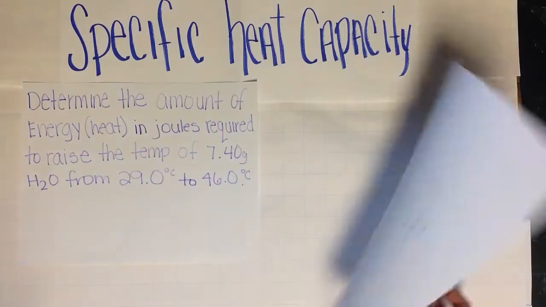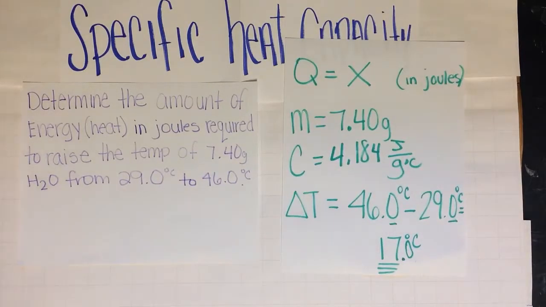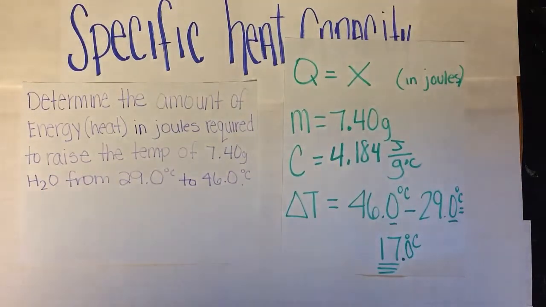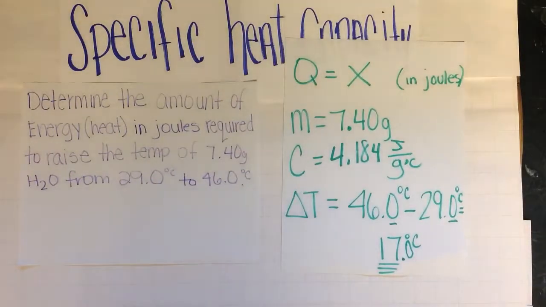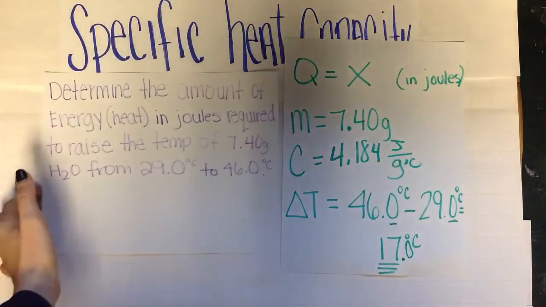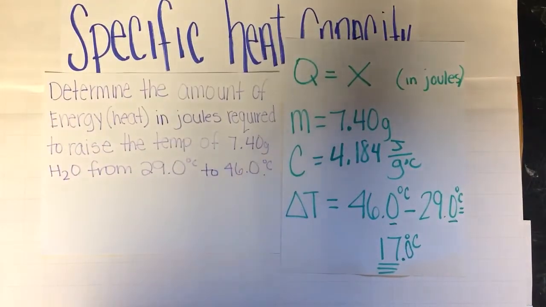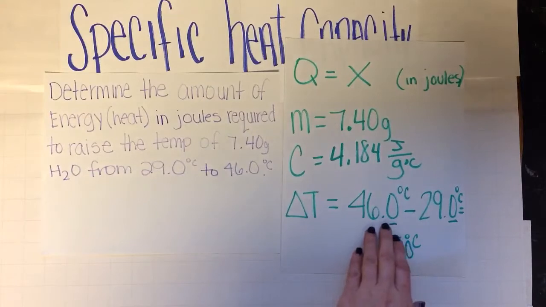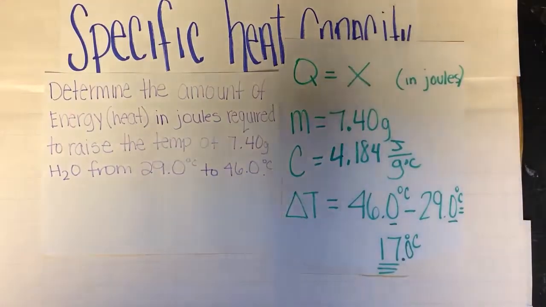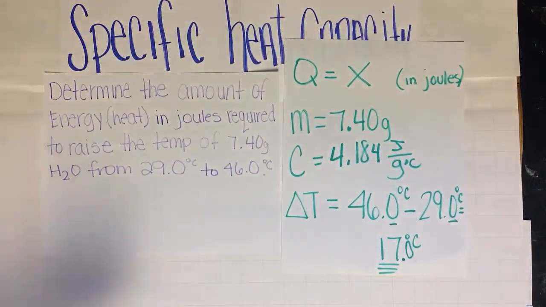So I'm solving for Q, which is energy, so I set that to X. I have a mass, which is 7.40 grams, seen right here. And then if you notice, I filled in my C, which is my specific heat capacity. Where did I get that from?